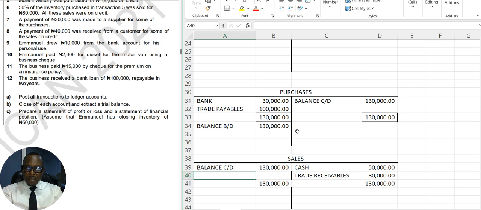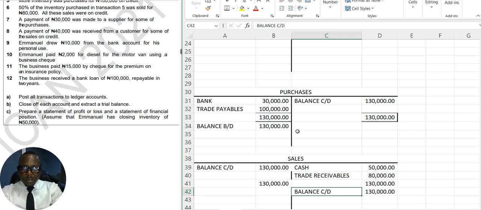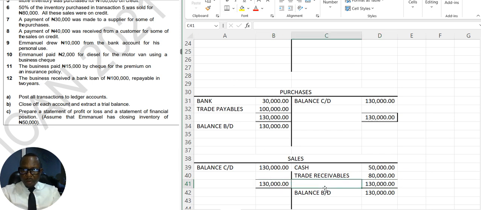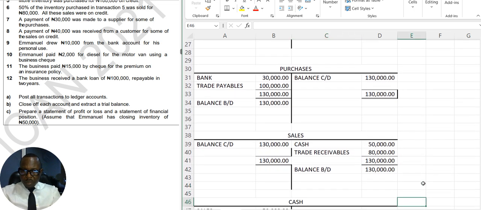So you move your balance CD to this side. You have balance BD. Put your double line under. Right, so that gives you that on sales.